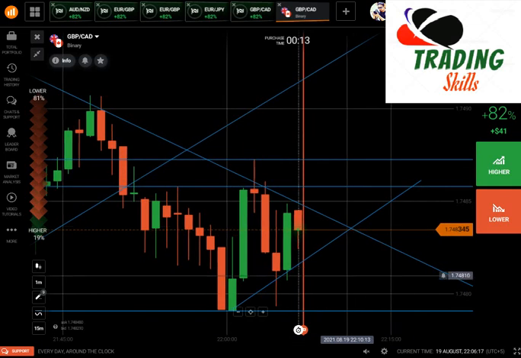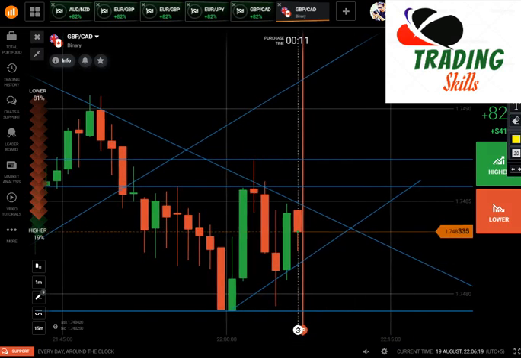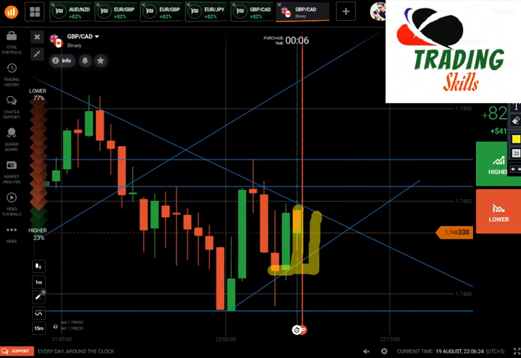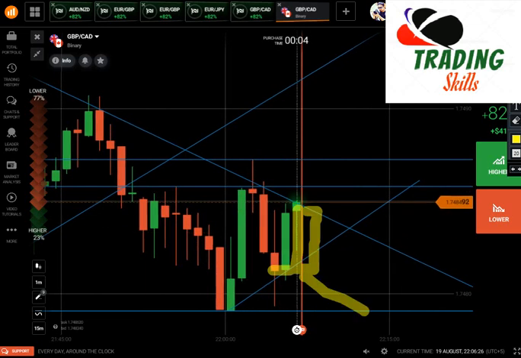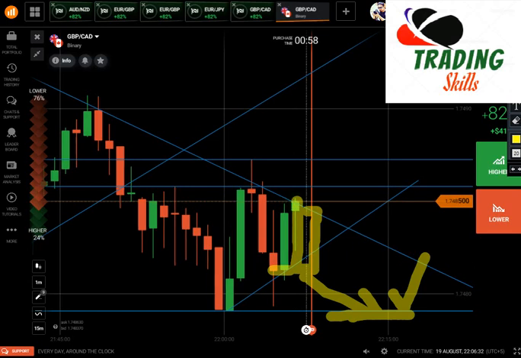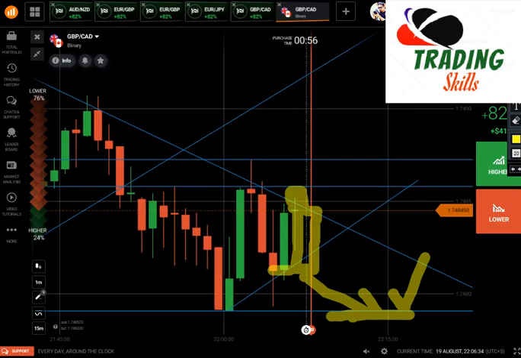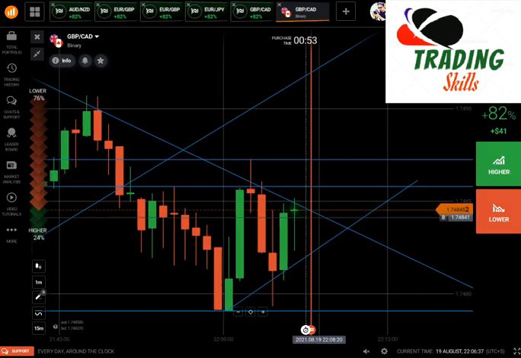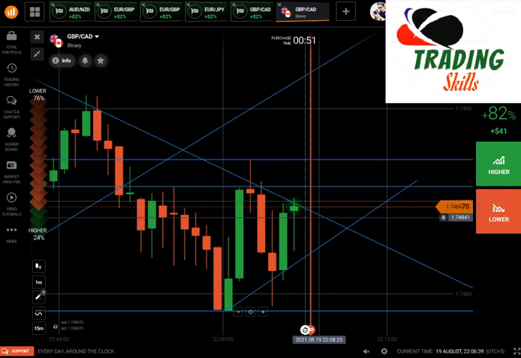So now if a strong red candle breaks this level, then the next level will be this one. So we need to wait. Now you can see I am seeing here a weak candle getting the rejection from the buyers, so I need to wait.